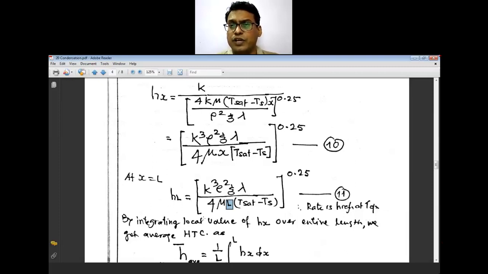You will get the maximum rate of heat transfer at the top of this film, because there is zero thickness there, and you will get the maximum temperature gradient also there.